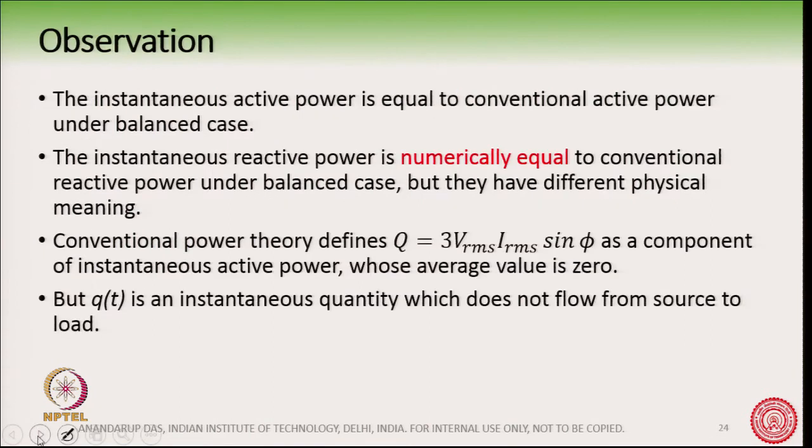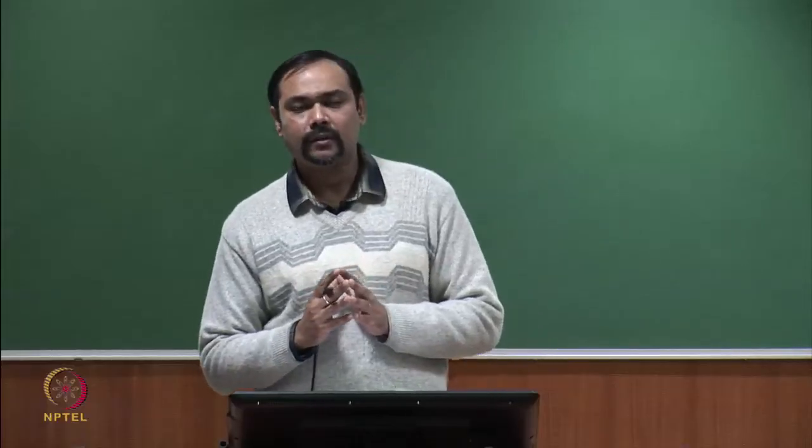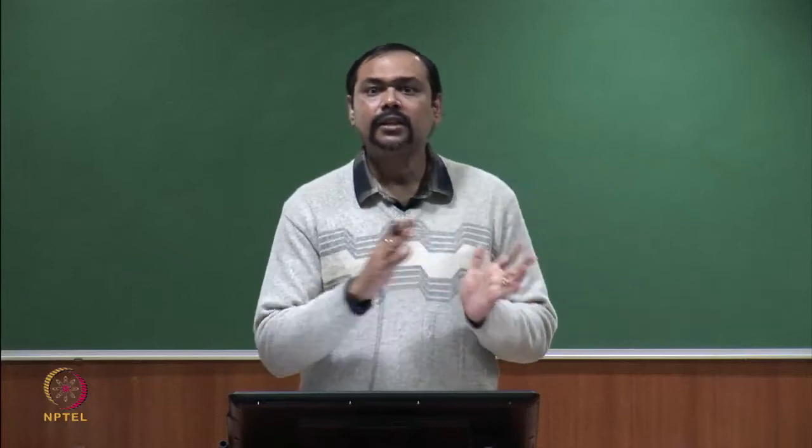To summarize, the instantaneous active power is equal to the conventional active power under the balanced case. The instantaneous reactive power is numerically equal to the conventional reactive power under the balanced case, but they have physically different meanings.